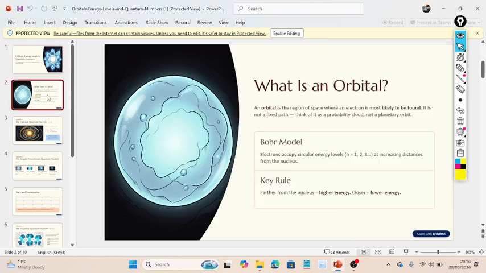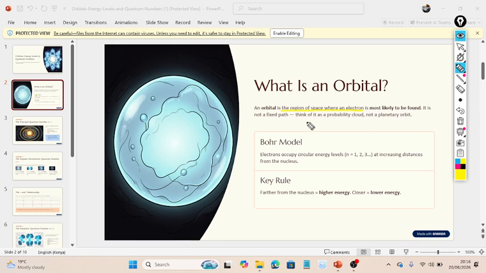So let's talk about orbitals. For us to have a better understanding of where these electrons live, we must have a better understanding of an orbital. So what is an atomic orbital? An atomic orbital is a region or space where an electron is most likely to be found, and it's not a fixed path.